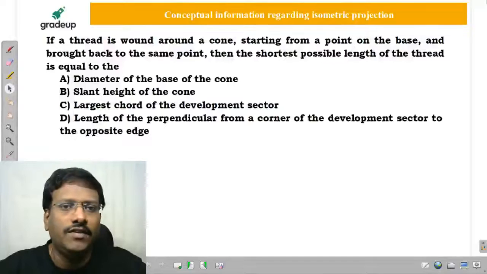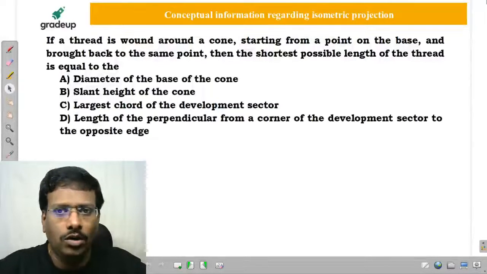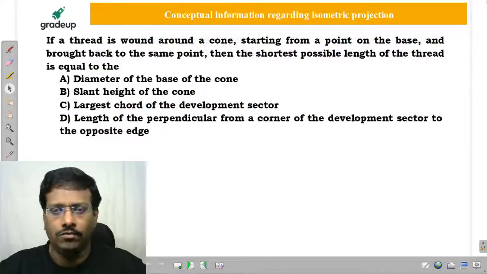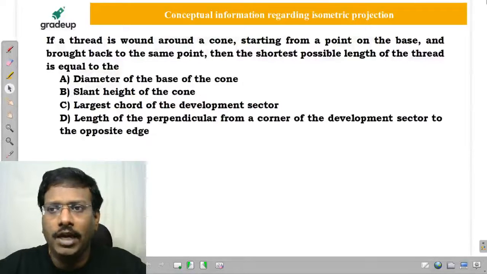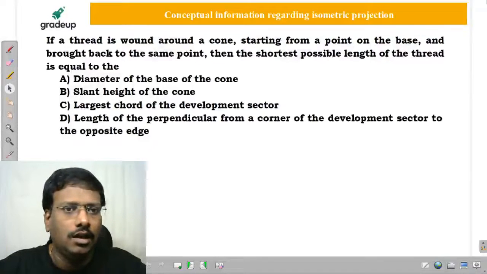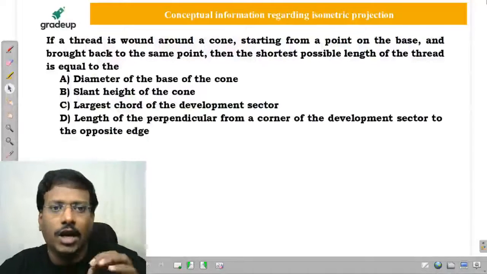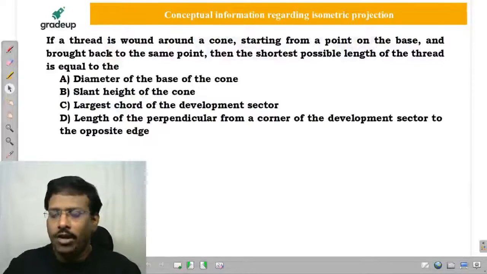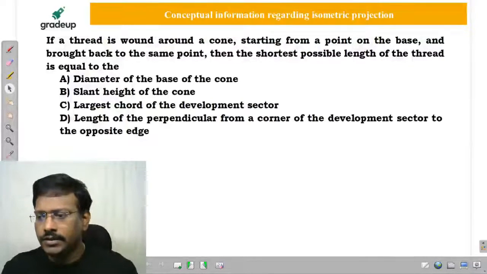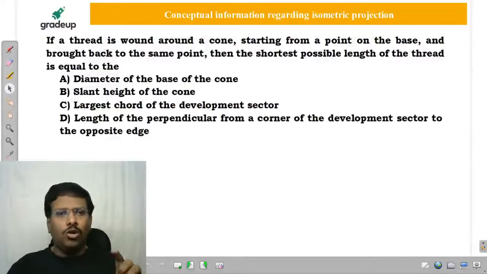What was given: if a thread is wound around a cone, starting from a point on the base and brought back to the same point, then the shortest possible length of the thread is equal to how much? Anybody know the answer for this?